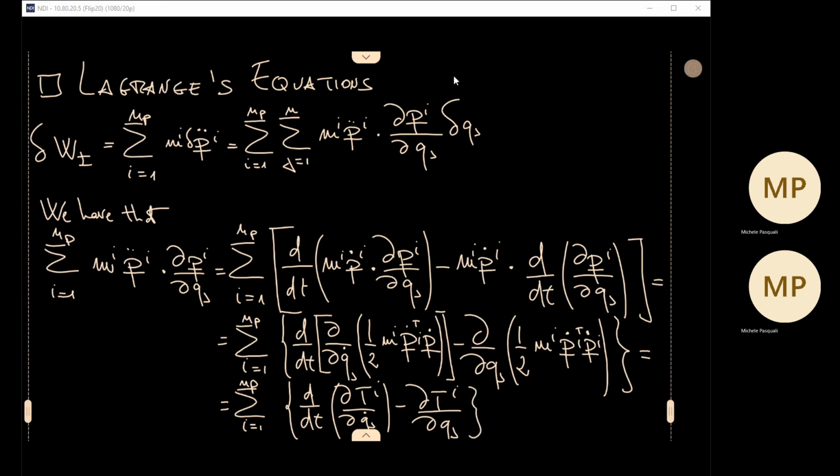Okay? Where T_i is, by definition, 1 over 2 m_i p_i dot transposed applied over p_i dot. What is it? This one is the kinetic energy of the particle i. Okay.